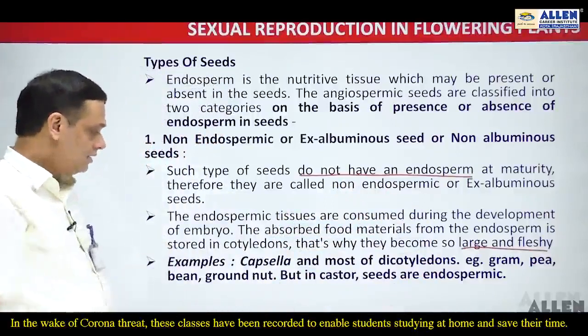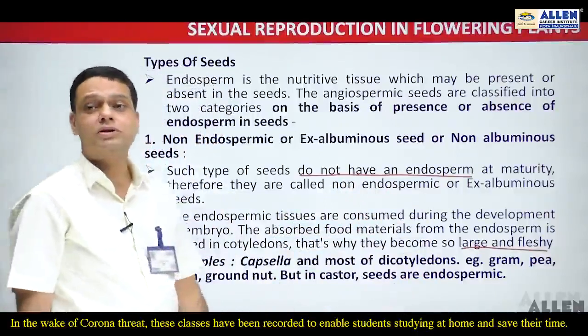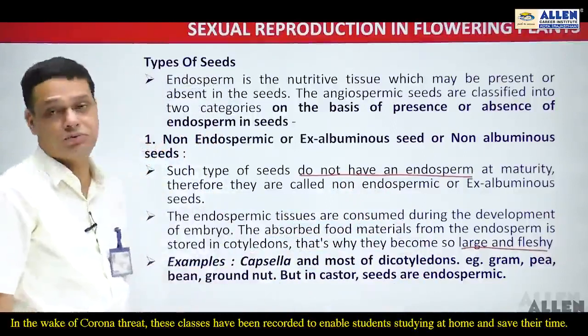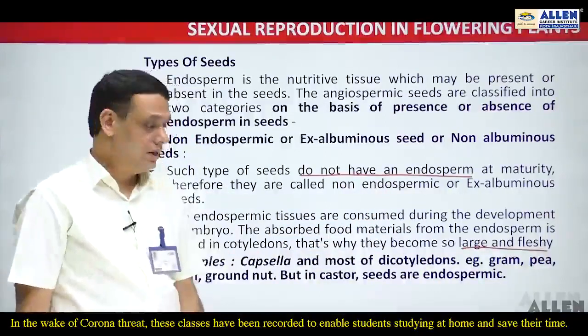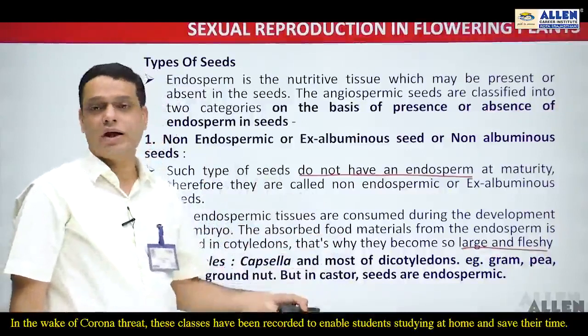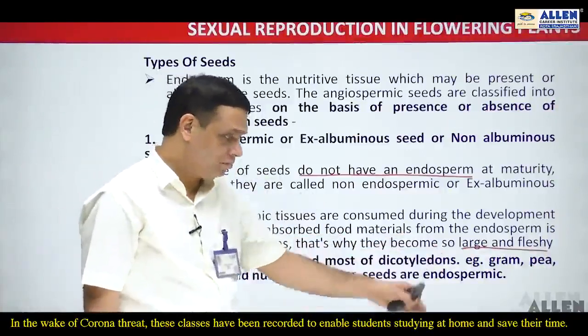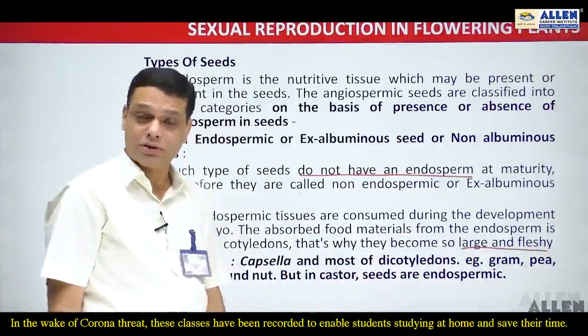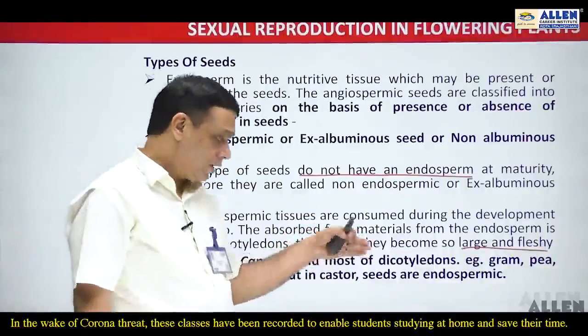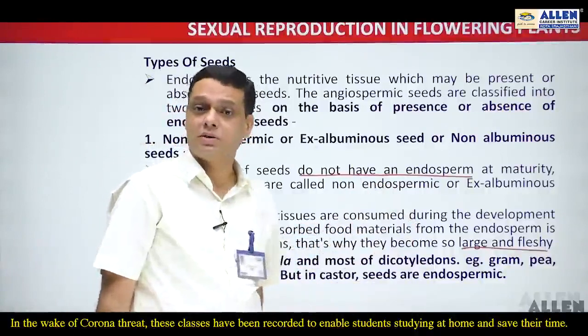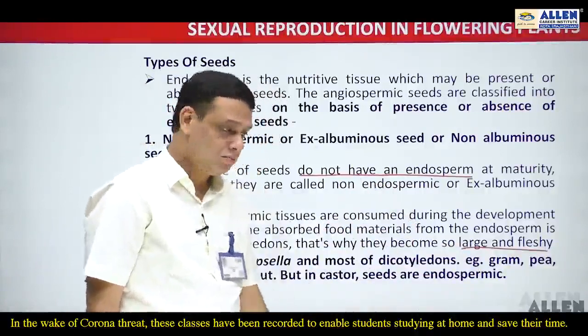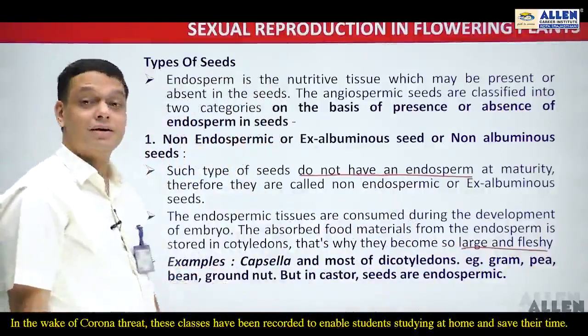Now there are certain examples in which non-endospermic seeds are present. For example, Capsella. It is a dicot plant, and most dicots have non-endospermic seeds. Some important examples are gram, pea, bean, groundnut.